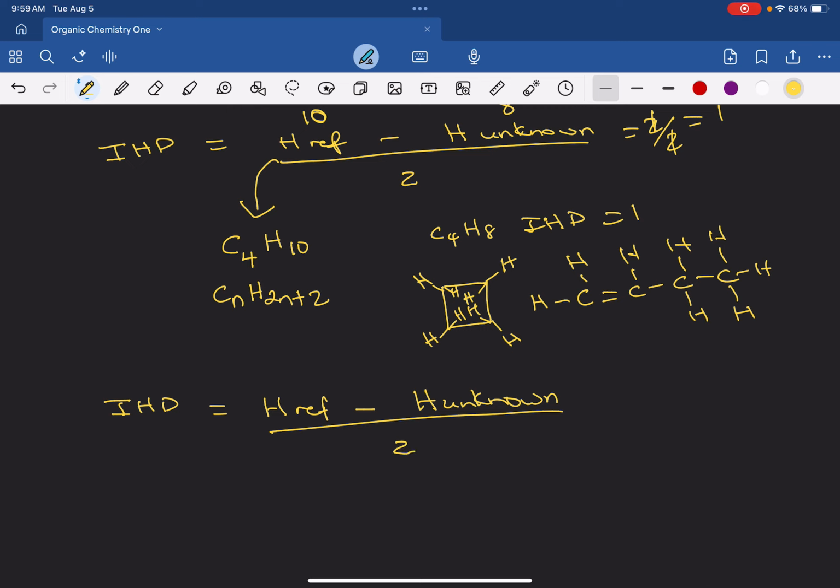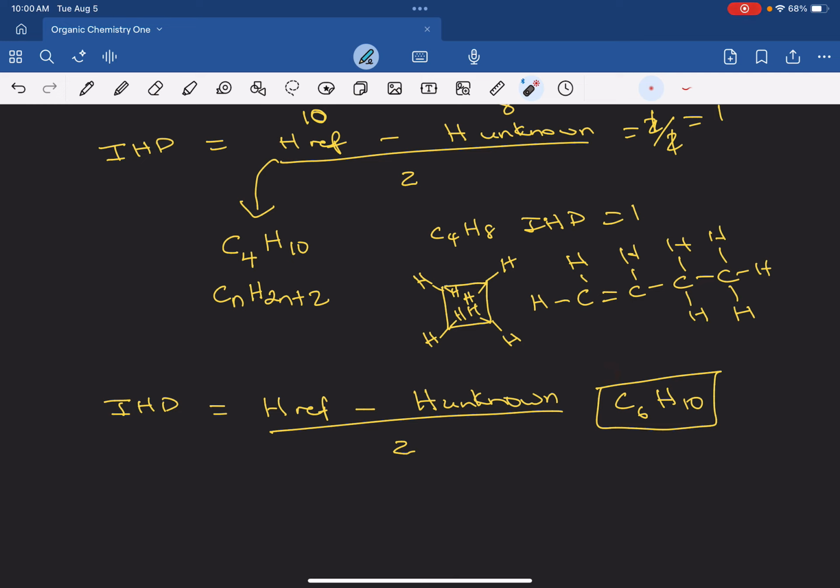Let's do one more example. Let's do C6H10, right? So for C6H10, we have six carbons, and 10 hydrogens, and this is our unknown. So the question is, calculate the index of hydrogen deficiency in C6H10.